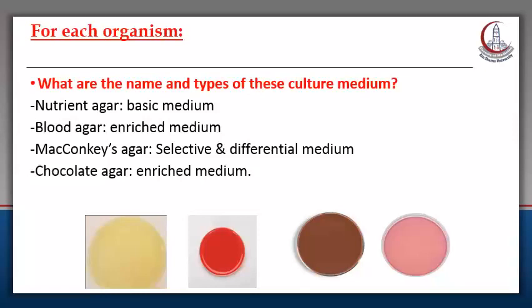The second one is the blood agar, which is red and opaque, and its type is enriched medium, as it contains blood. The third one is the chocolate agar, which is the heated blood agar, and it's enriched medium also. The last one is the MacConkey agar, which is pink and transparent. Don't forget that the MacConkey agar was selective and differential for the gram-negative bacilli.